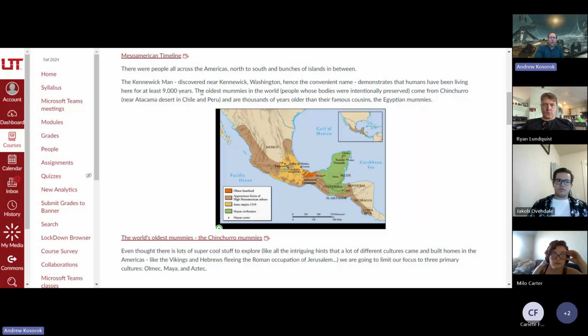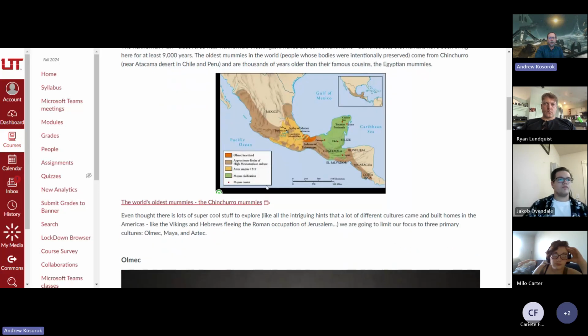Dates on him have varied between 9 and 15,000 years old. What's really interesting is the forensic reconstruction of his features. He looks very much like a Polynesian, which would not surprise me at all. The Polynesians are among the most accomplished explorers in the history of humankind. So it wouldn't surprise me.